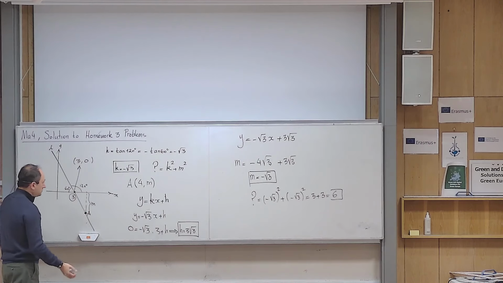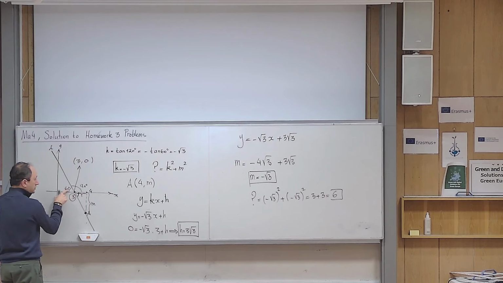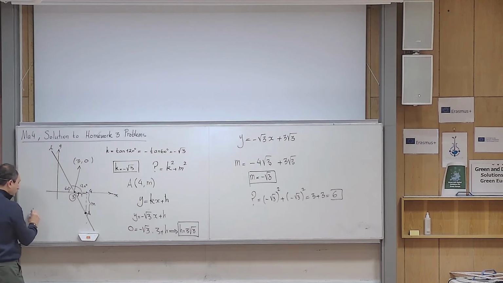So what can I do? For example, here is 4, here is 3, so this length is 1, and this angle is a vertical angle. So if this is 60, that's also 60. So what can I do? I can say tangent of 60 degrees is this length, but this length is not m.